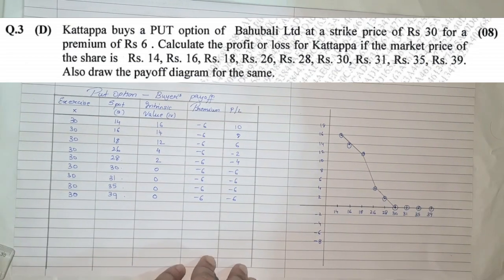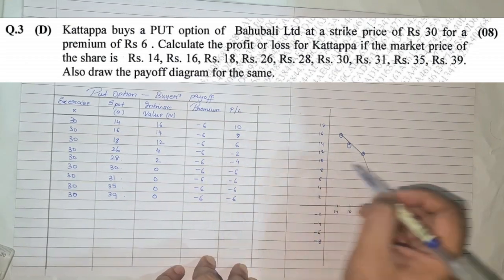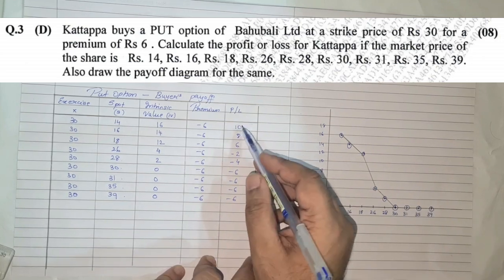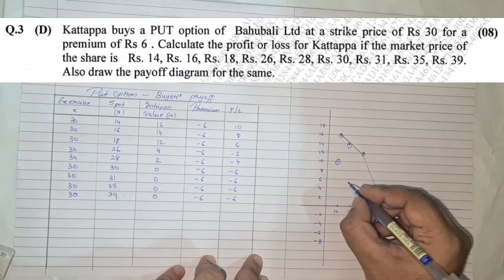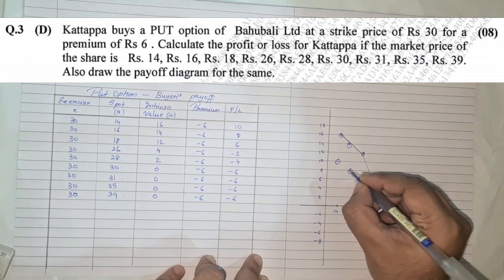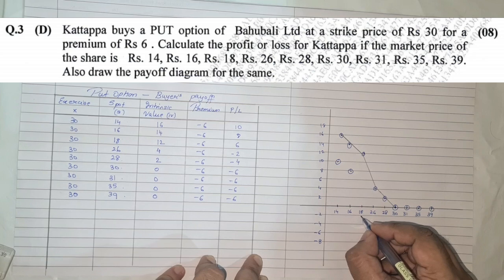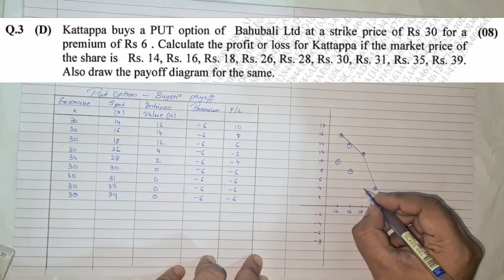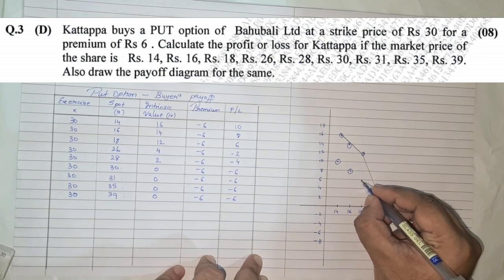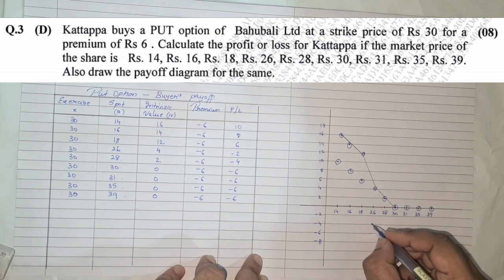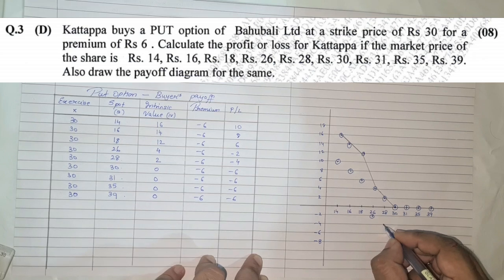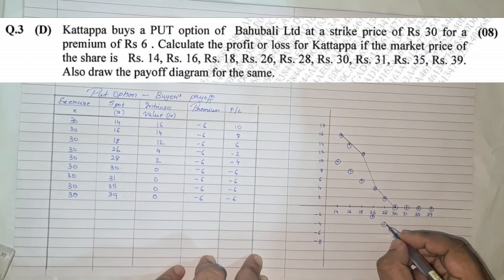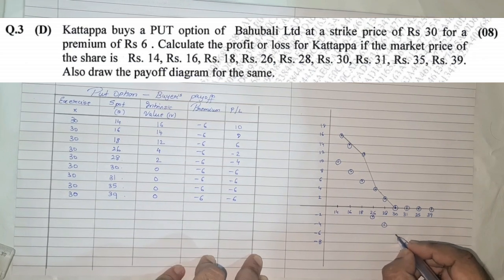Okay, same way now we make the payoff graph, the curve of PNL. So positive 10, then positive 8, and then directly there is positive 6, then we have negative 2, negative 4, okay, and then negative 6 constant till the end.